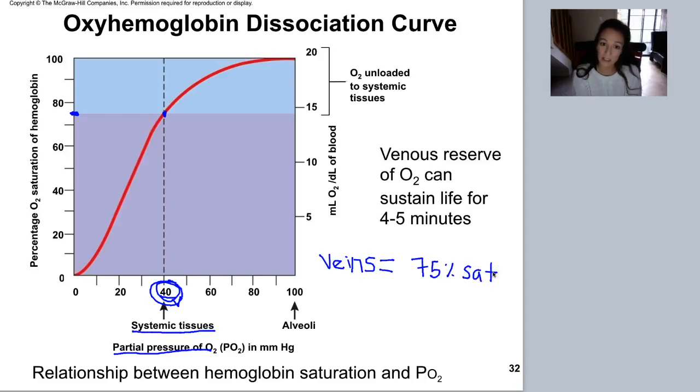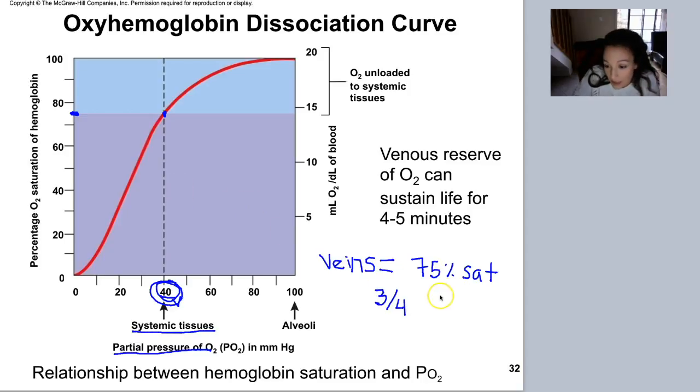Isn't that kind of amazing? The blood in our veins does not have 0% oxygen on hemoglobin. The blood in our veins actually has 3 out of 4 hemoglobin subunits, globin chains in each hemoglobin molecule, that are binding oxygen.